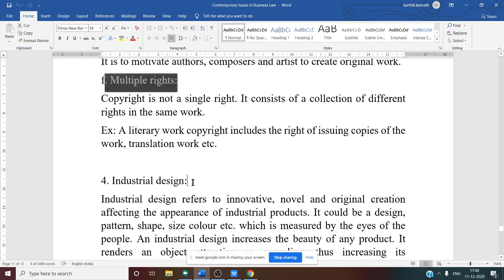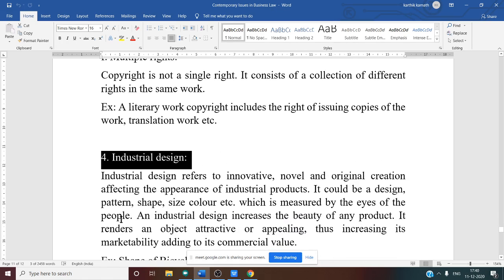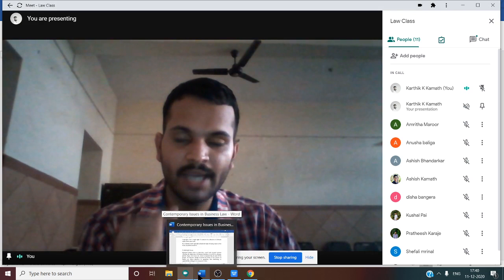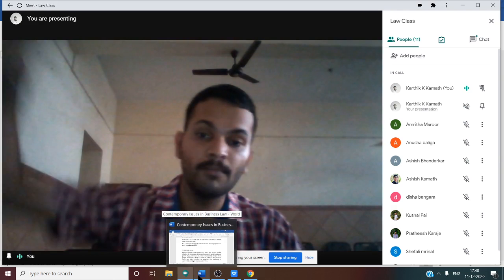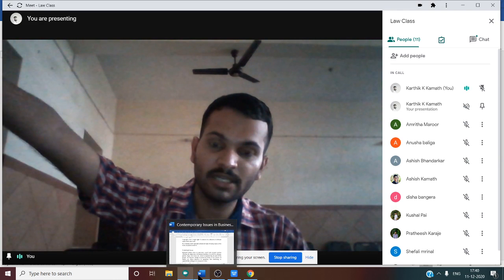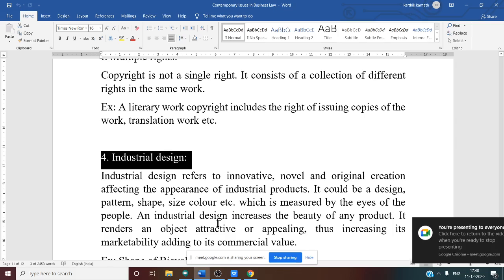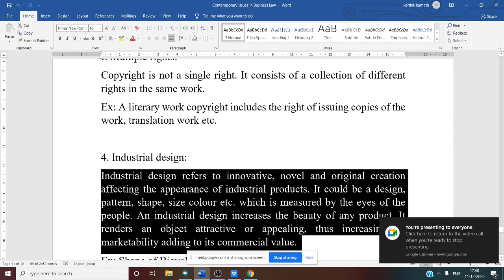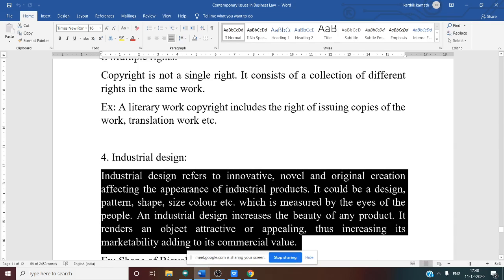Now, after this, we have to discuss industrial design. What do you mean by industrial design, and how is it different from the previous 3, that is trademark, patent, and copyright? That we have to see. So now you see, industrial design means some innovative logo, shape, size, color, etc. It refers to innovative, novel, and original creation affecting the appearance of an industrial product.